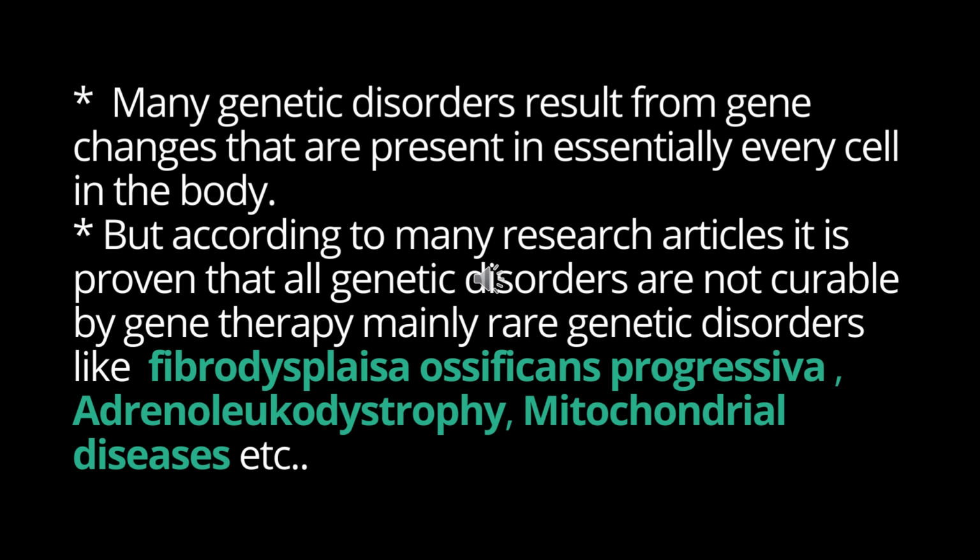rare genetic disorders are those which are very rare in the world: in 100% of the population, only 2 to 3% of people will be affected by such genetic disorders.